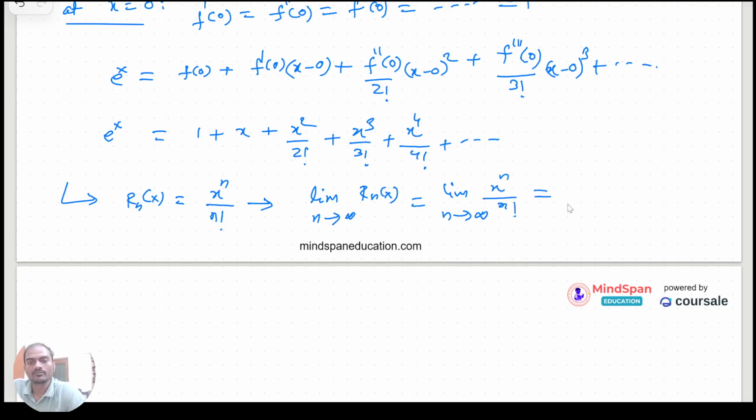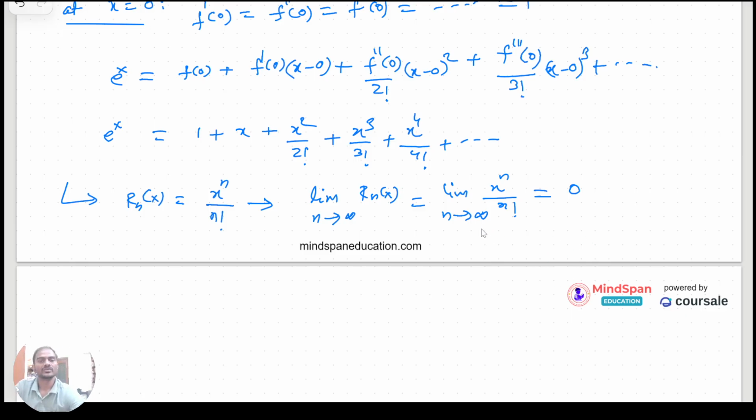Now here, if you recollect the limit calculation technique, this is not about x, this is about n. The function is in n, so x is a constant term here, and the above function is a raised to power n, and below function is factorial n. So the factorial function is higher than a raised to power n, so this will dominate, the lower term will dominate, and 1 by infinity will go to 0.